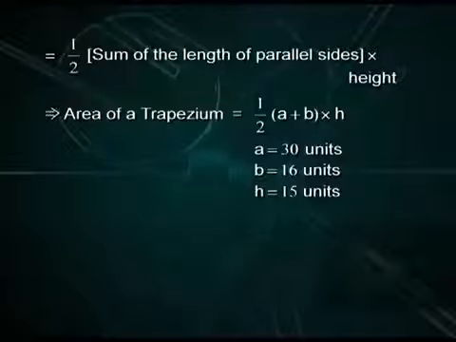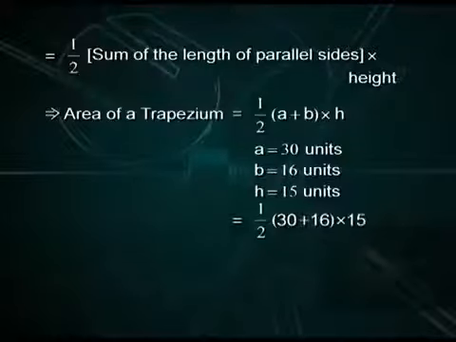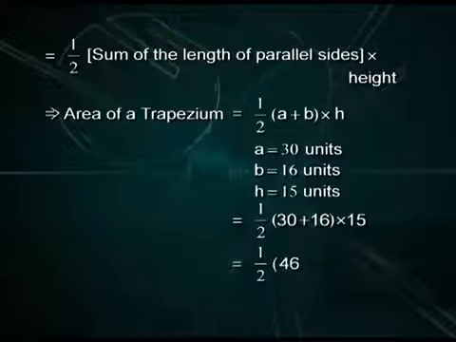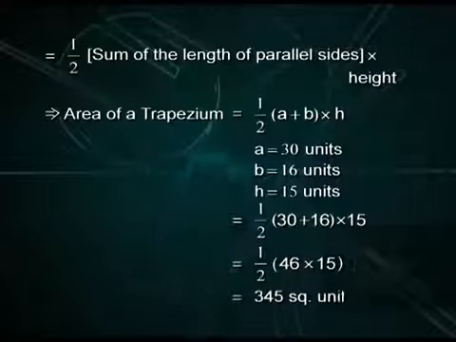So the area becomes half into 30 plus 16 into 15, and by mathematical manipulation it comes out to be 345 square units.